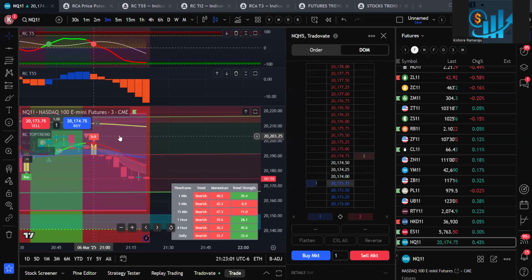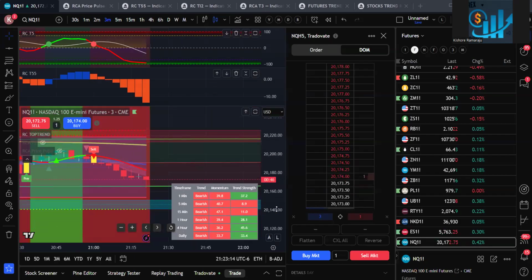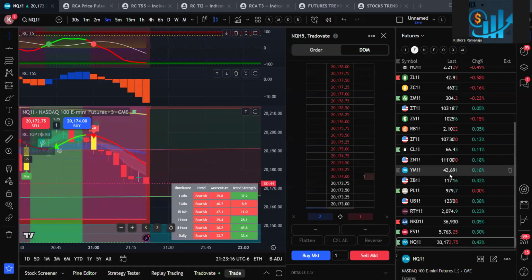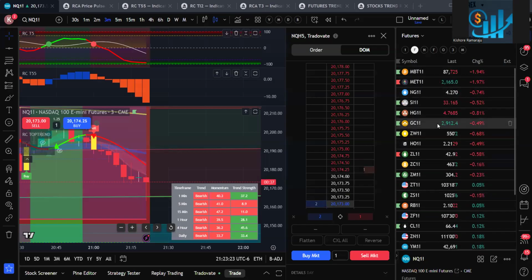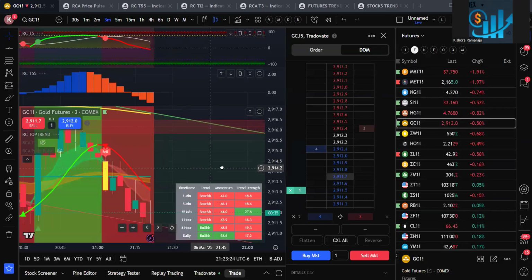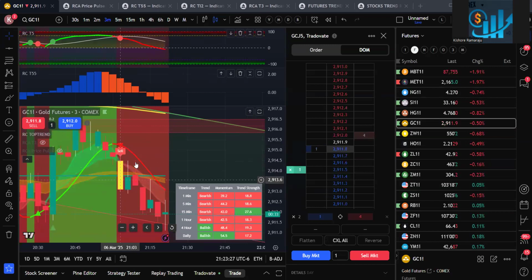So again, same thing: sell, red background, orange, red, red. It's all about matching the colors. This color matches with this, with this, with this. Then you can confidently take the signal. So sell, red background, red here, red here, red here.